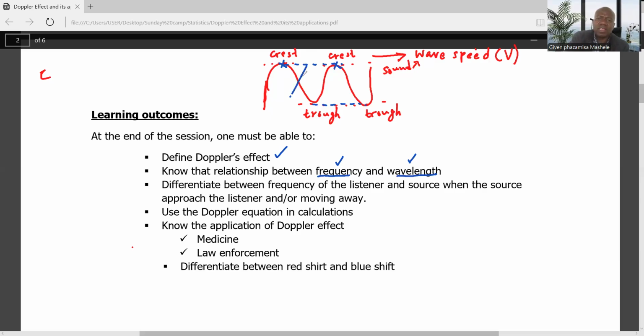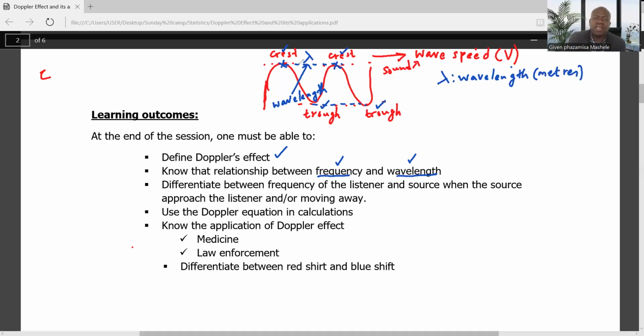So the wavelength is the distance between two successive crests or two successive troughs. It is denoted by lambda, and it is measured in meters.